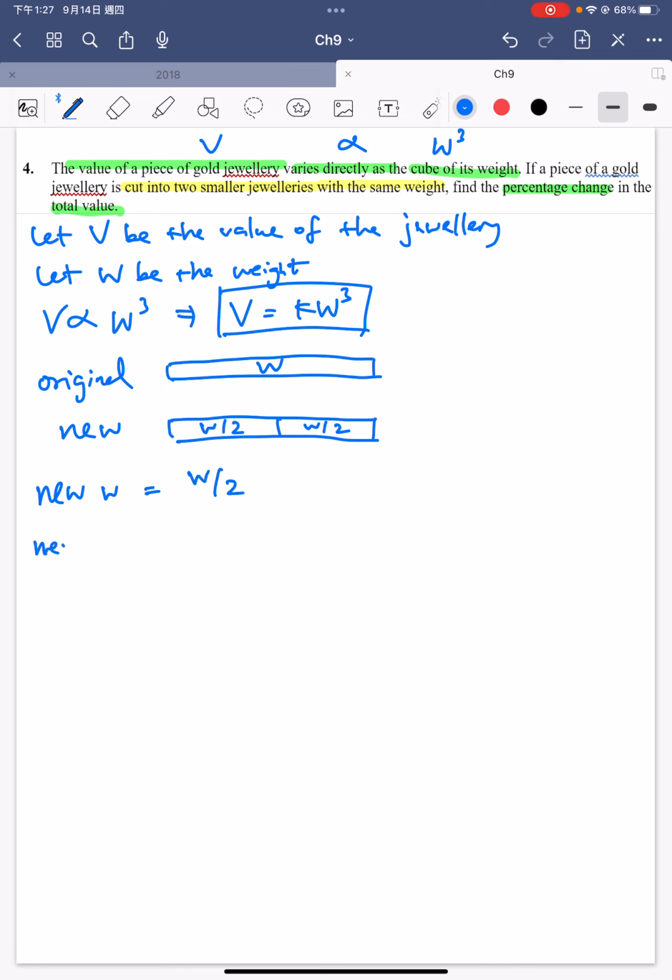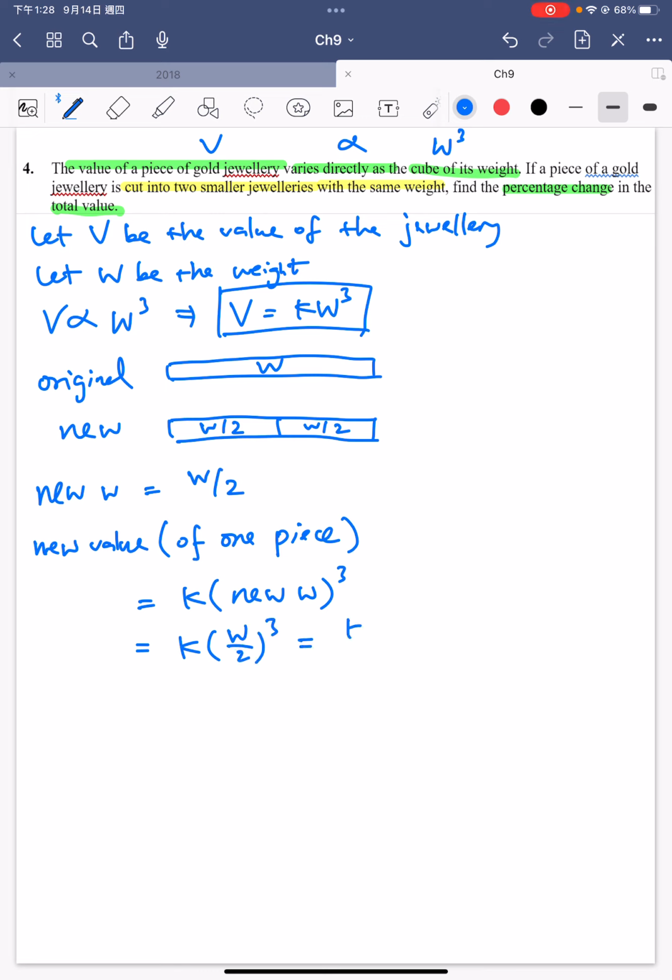So our new value of one piece is going to be equal to K times the new weight cubed, which gives K times W over 2 to the power of 3. Then the answer should be KW cubed divided by 8.